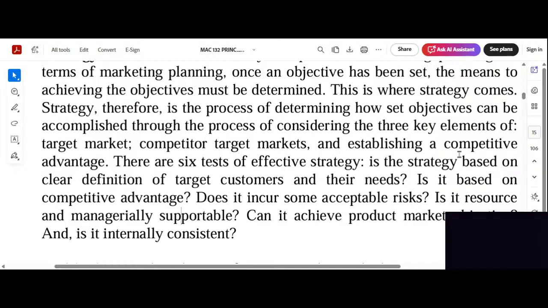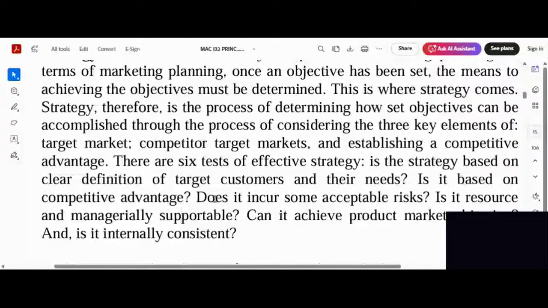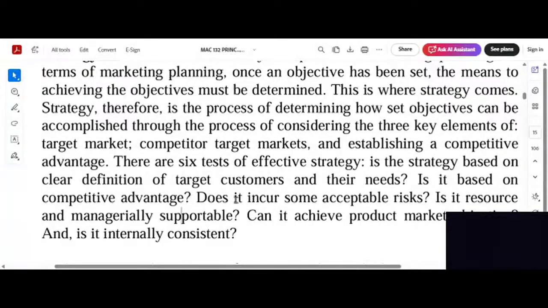So your strategy must create that. You must know that you are not the only one that is producing sachet water. You are not the only one producing detergent. So you will need to make sure of your competitive advantage. Another thing, the third one, don't forget we said we have 6 of them.